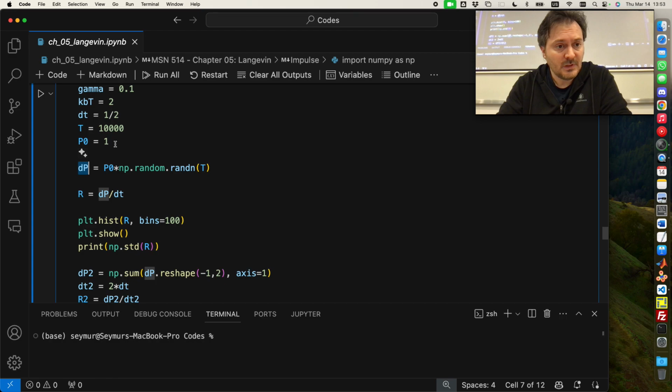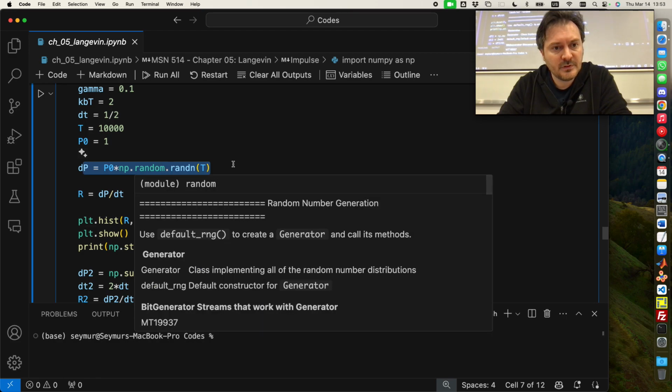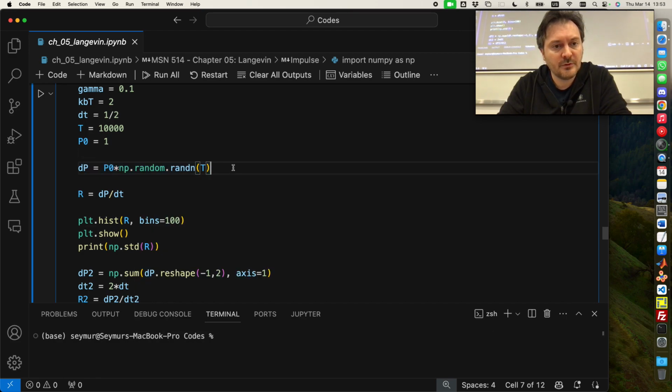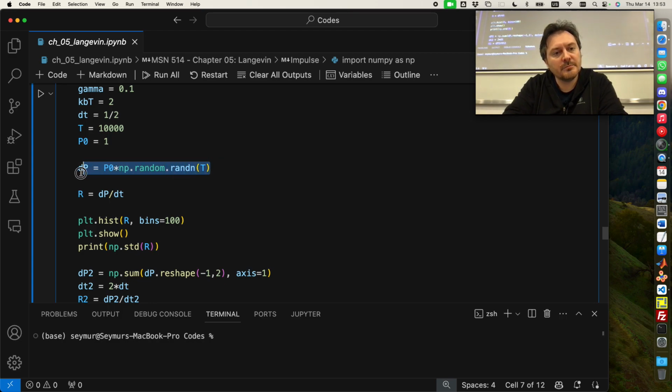So I write delta p as p0 times some random Gaussian, so the standard deviation of this delta p is p0. Then I write r as r over dp over dt. So it will have some standard deviation, and I'm going to calculate it.